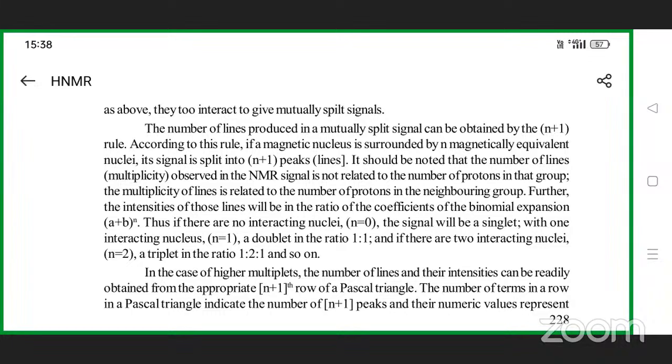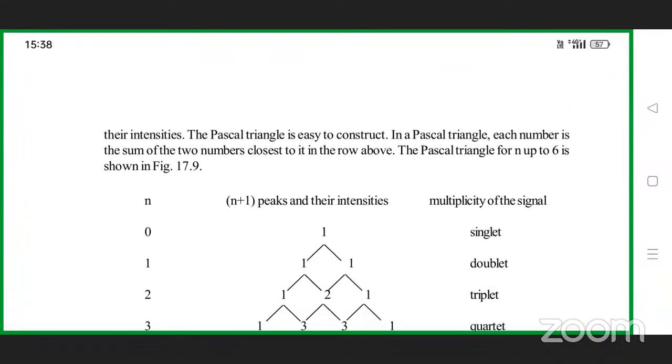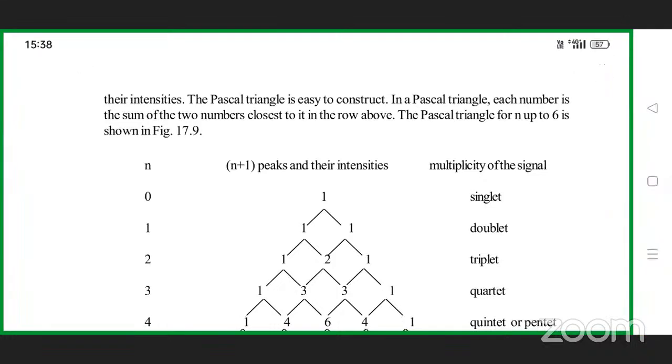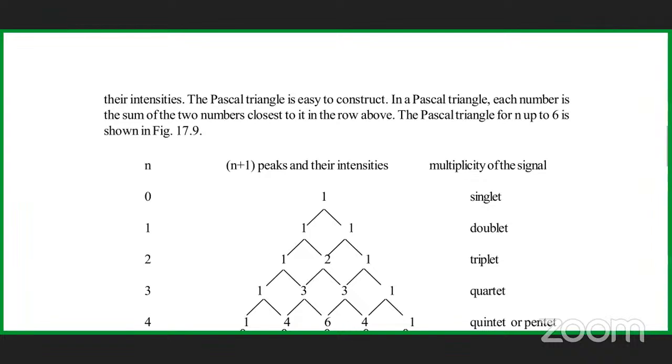What is the intensity of the triplet signals? You can see this in the Pascal triangle diagram here. Generally that intensity is calculated by the (a plus b) to the power n formula.